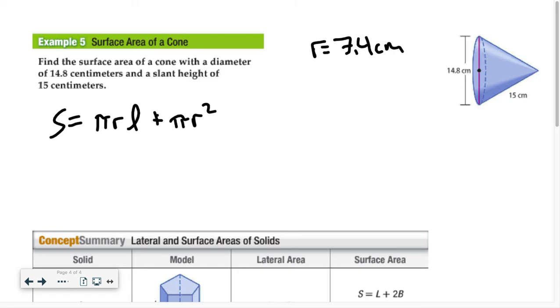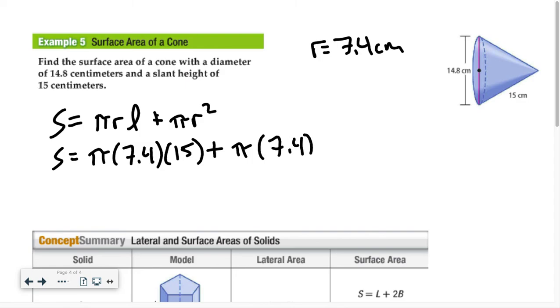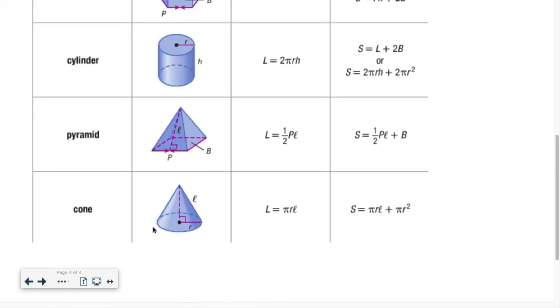Slant height we're given is 15, so we just plug in pi times radius 7.4 times slant height of 15 plus pi times 7.4 squared. Plug all of that in. We get a surface area of 520.7 centimeters squared.